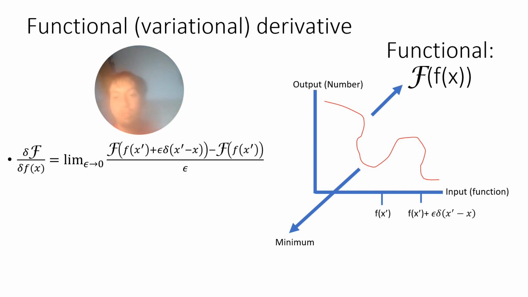It's just these 2 points have an x-coordinate which is a function instead of a number. So for example, functions like f of x prime, and then a small amendment to that function a little bit later.